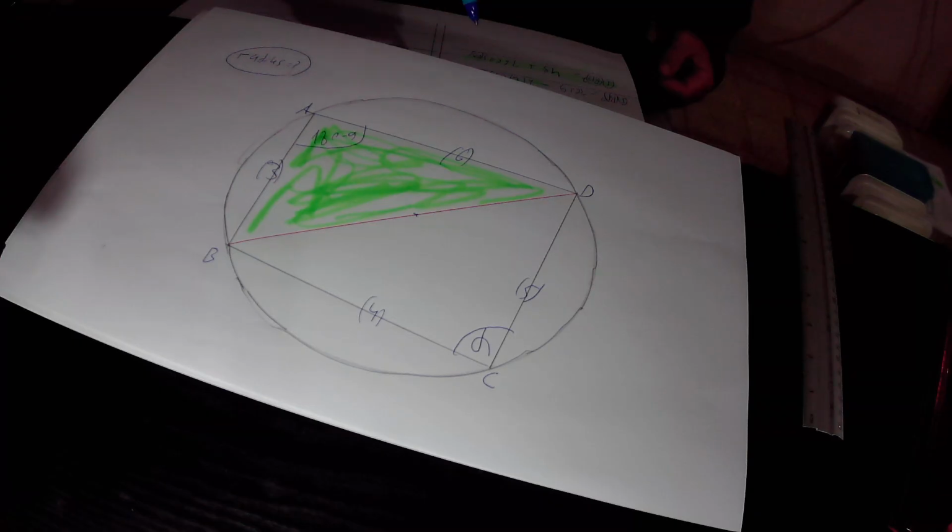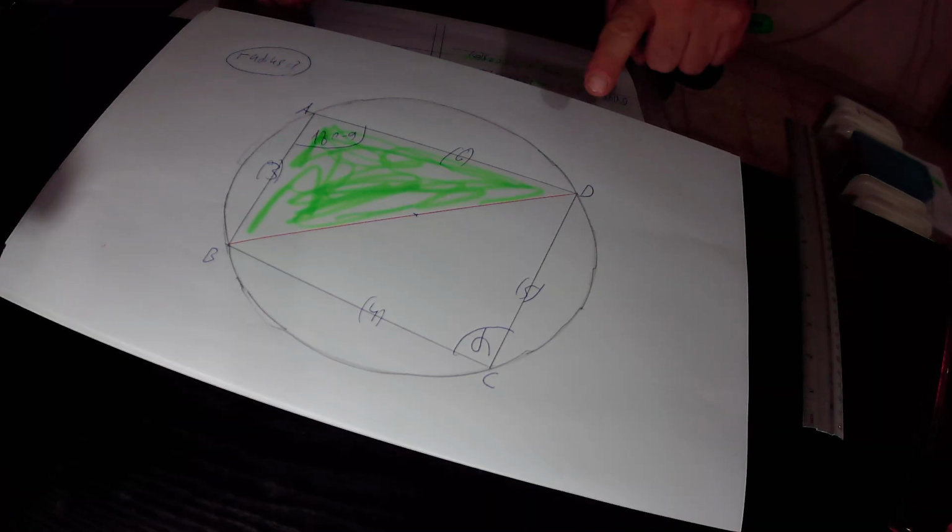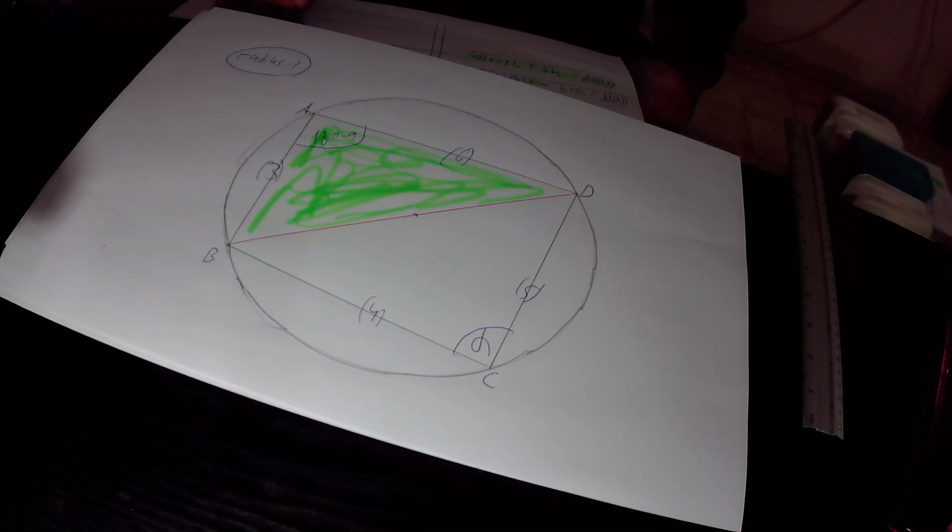BC is 4, therefore BC squared is 4 squared, which is 16, minus 2 times CD, that is 5, times BC, that is 4, times cosine alpha.